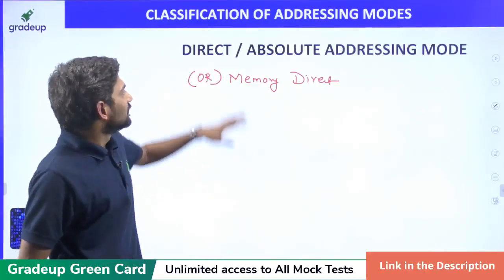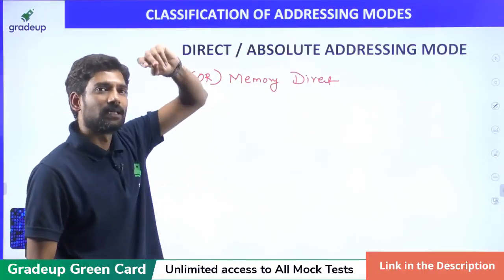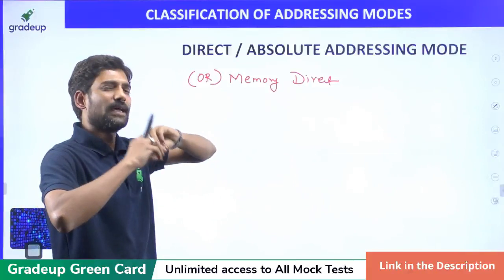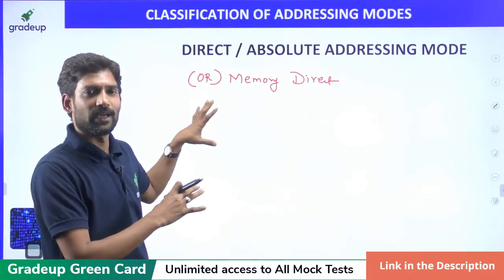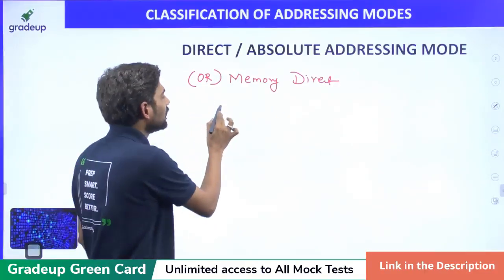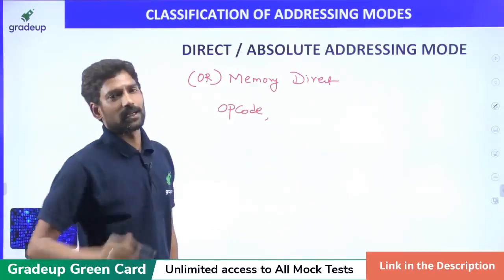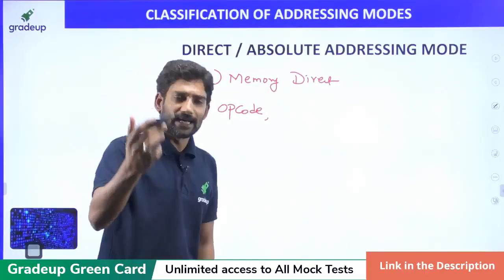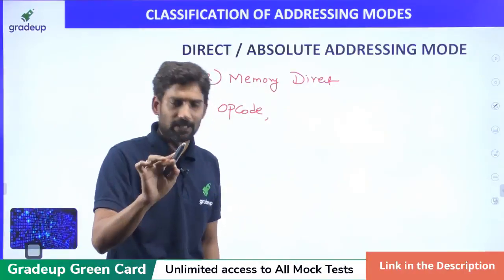So, direct or absolute addressing mode is also known as memory direct. Guys, quickly let me give you a simple clarity about this. First of all, while you are analyzing the addressing mode, always be careful.